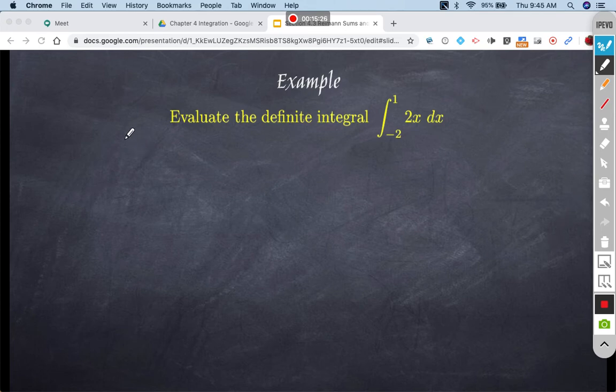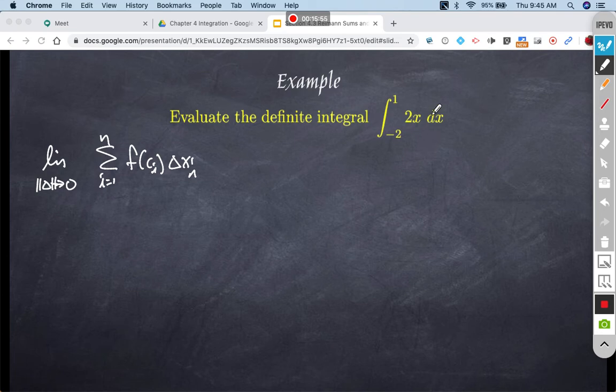So our definite integral is defined as the limit as the norm approaches 0 of the Riemann sum. So this is what we need to do to evaluate this integral.